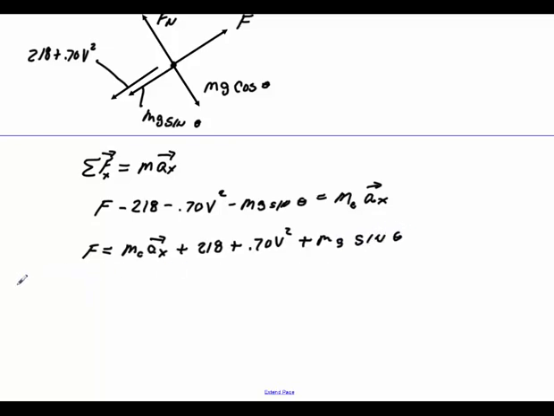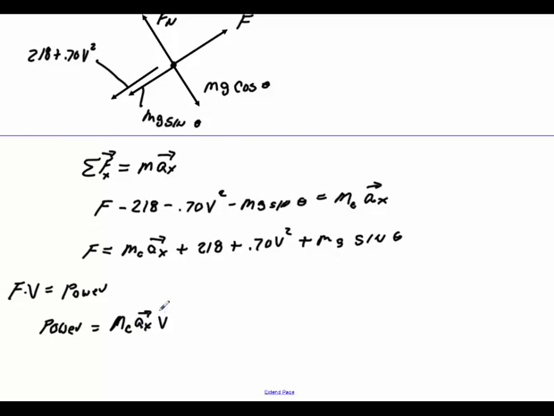Now we know again that force times velocity is equal to power. So all I have to do to find out what the power would be is multiply everything by v, and then on the left side I will get power. And that will give me mass of the car times acceleration times the velocity.